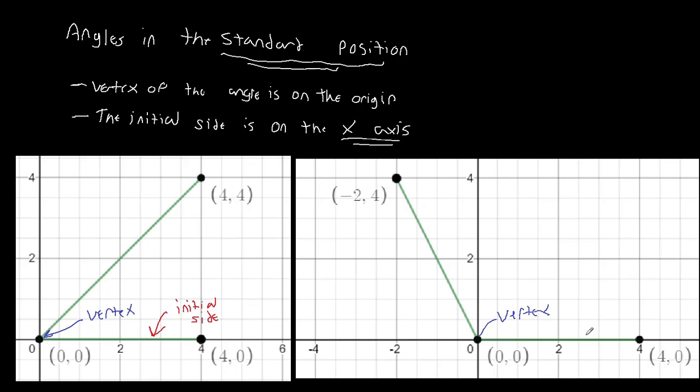In both cases, our initial side does indeed run along the x-axis. This is the x-axis in case that wasn't clear. So again, standard position: the vertex of the angle is the origin, check, check, and the initial side is on the x-axis, check, check.